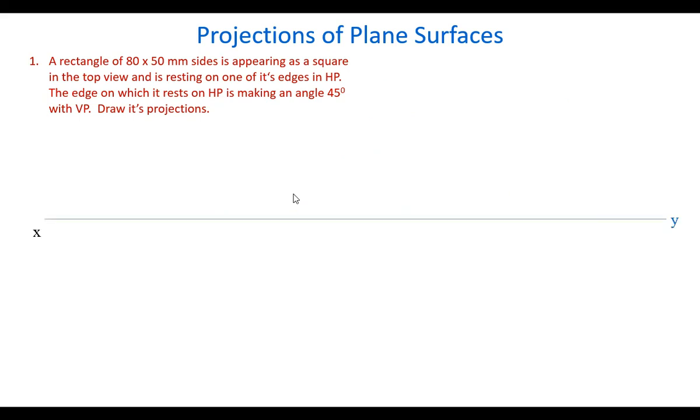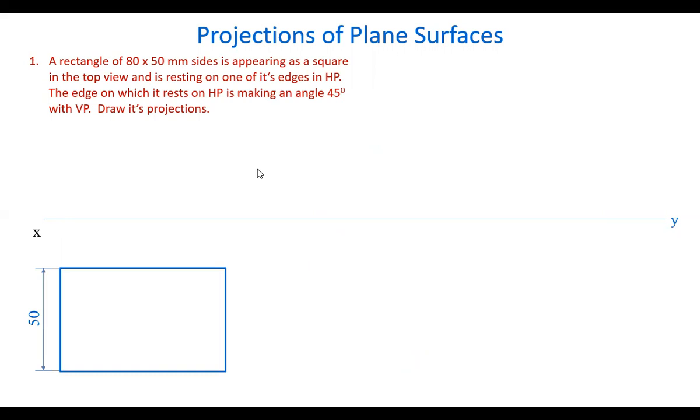Now, let's take the reference line and draw the rectangle here such that the longer edge is parallel to the VP. And why we have taken this in the VP is we have to show this as a rectangle and this rectangle as a square.